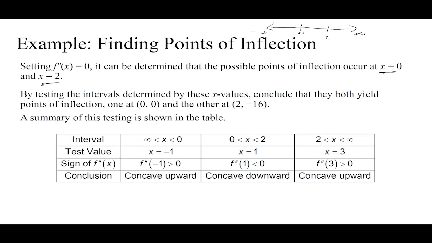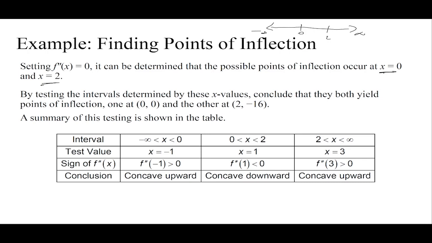So on this interval, the function is concave upward. Here it's downward. So look at here, it's changing the nature from concave upward to concave downward at point 0. To the left of the point 0, the concavity is concave upward. To the right of the point 0, the concavity is concave downward.